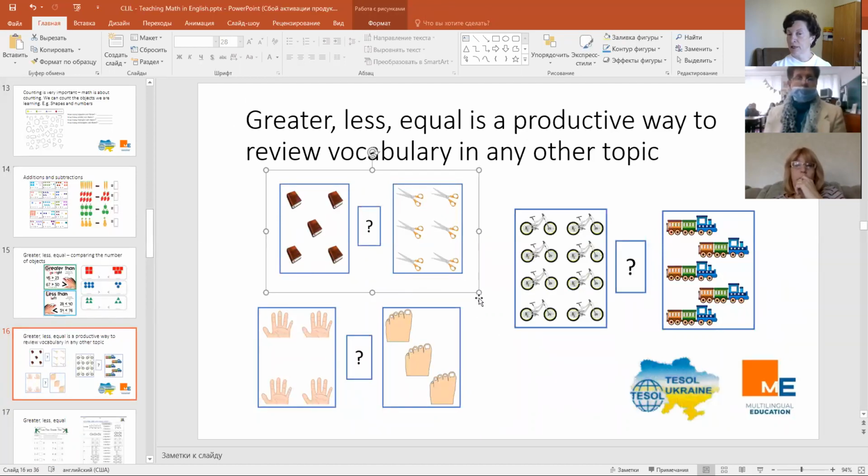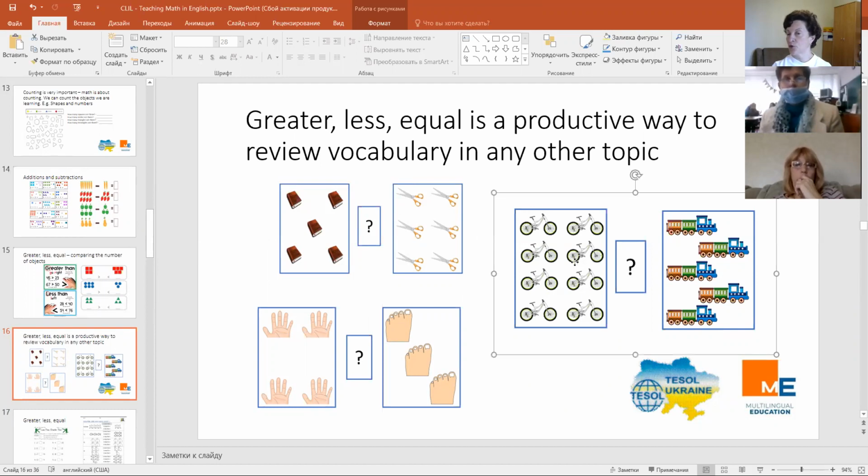For example, I just put one slide, but we have lots of cards like this. This is from the topic school, when they had to compare books to scissors. This is from the topic toys and transport, when they had to compare bicycles to trucks.